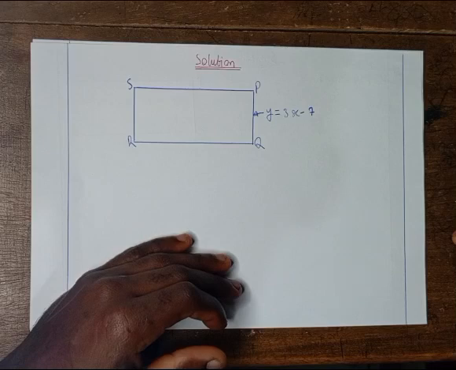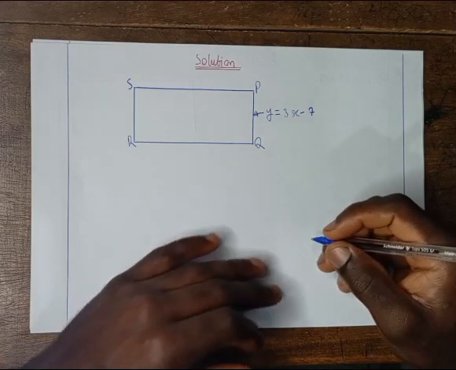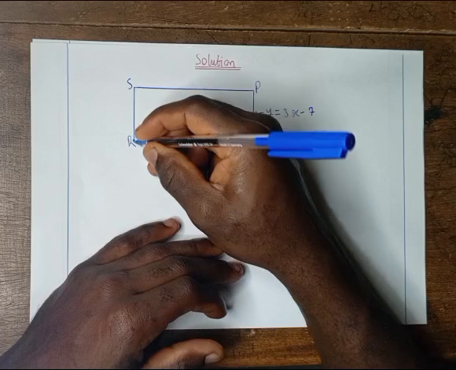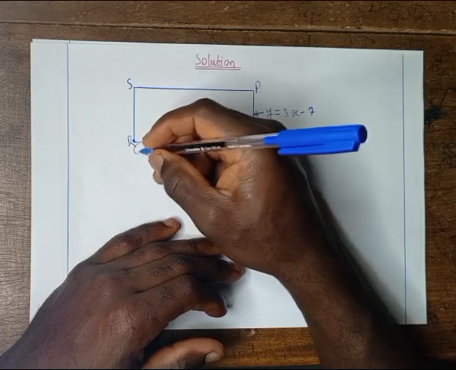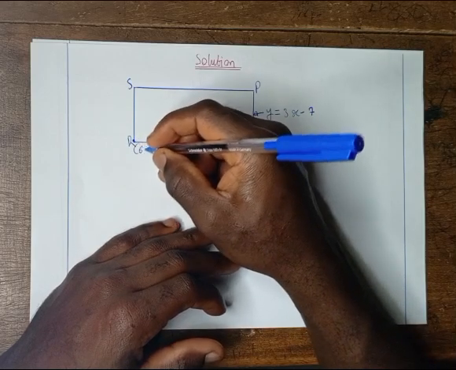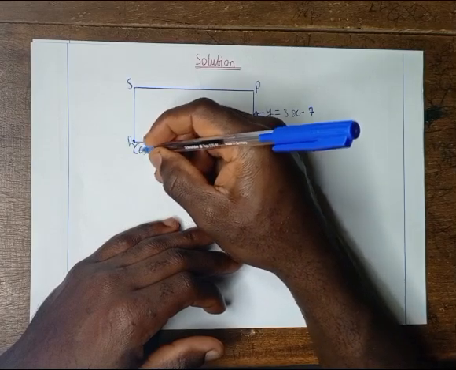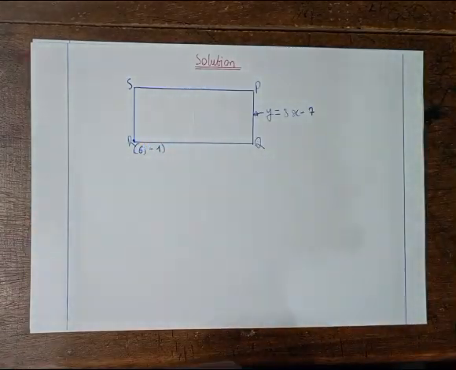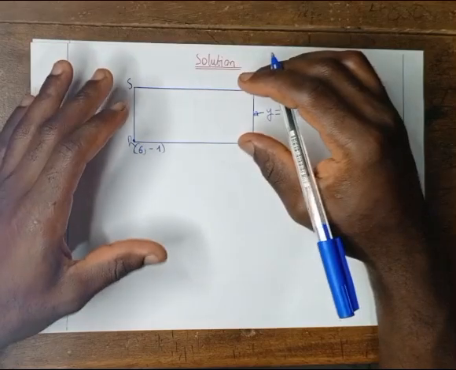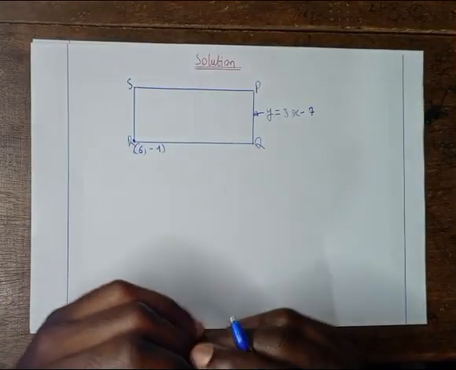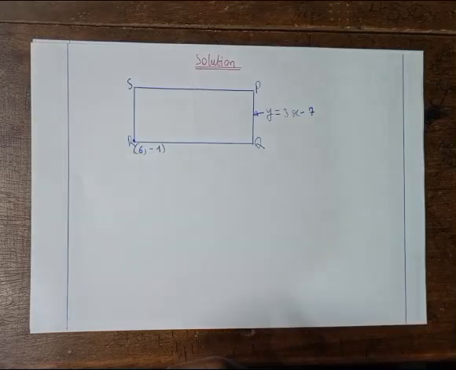And the point R has coordinates 6, negative 1. This point R, that means the x coordinate is 6 and the y coordinate is negative 1. We are not saying this is how the rectangle looks like. This is just a representation of it so that we can easily answer the question.